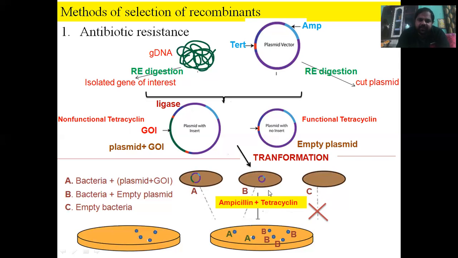Now the mixture of these bacteria will be grown in a nutrient medium which will contain ampicillin and tetracycline. So we have utilized two different antibiotics. Now we will see the structure of this plasmid. We can see there are two antibiotic resistant genes. We have already talked about these antibiotic resistant genes.